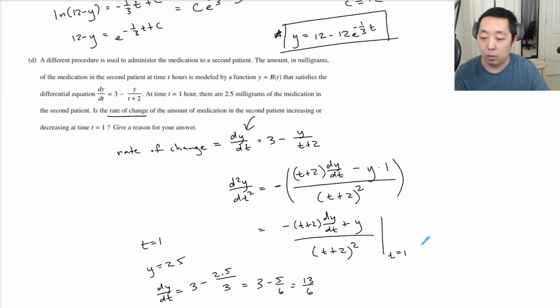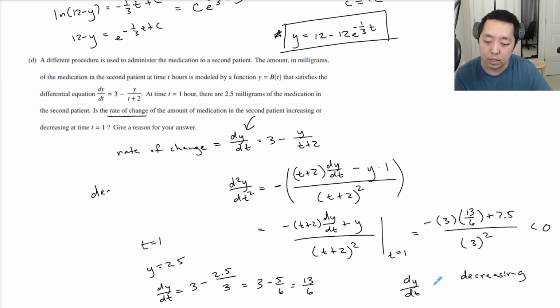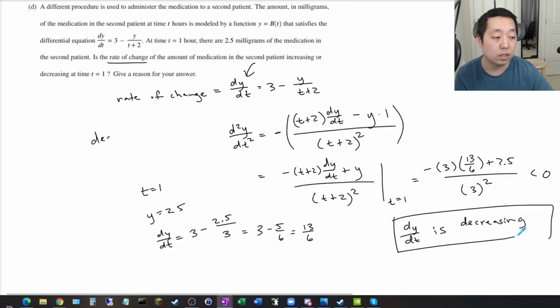Evaluated at t equals 1, we get negative 3 times dy/dt, which is 13 over 6, plus 2.5 over 3 squared. I just care whether it's positive or negative. This is 39 over 6, so negative 39 over 6 is about negative 6. So this is less than 0, so it's definitely decreasing. We say decreasing at that point, so dy/dt is decreasing.